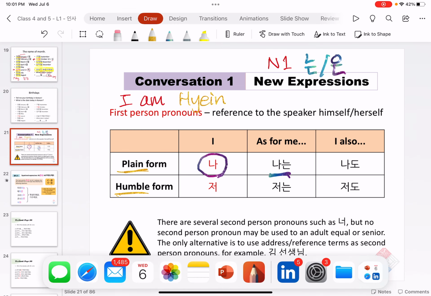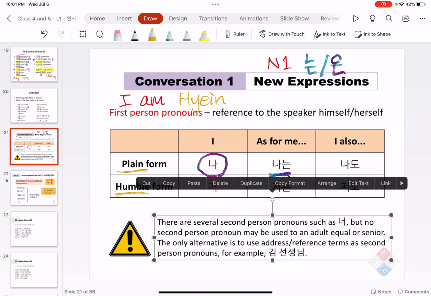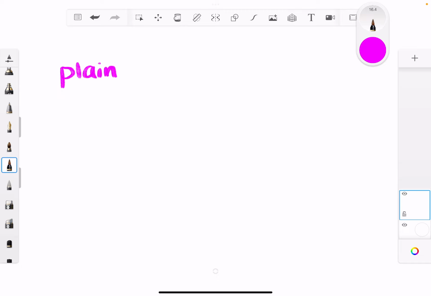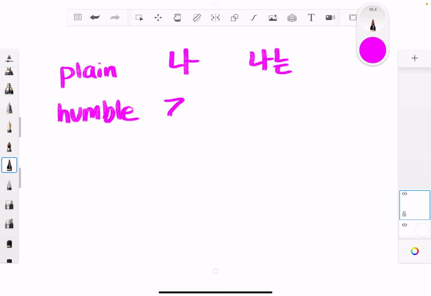So I'm going to take this chart and then bring it to the sketchbook. So plain form, humble form. Plain is 나 or 나는, as for me. And then humble is 저는.